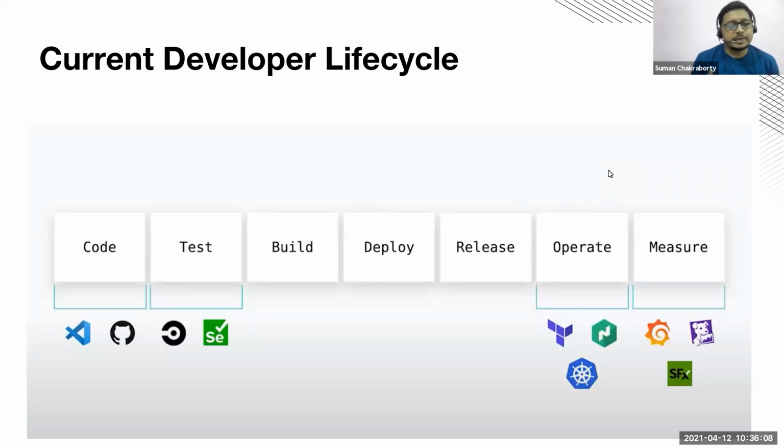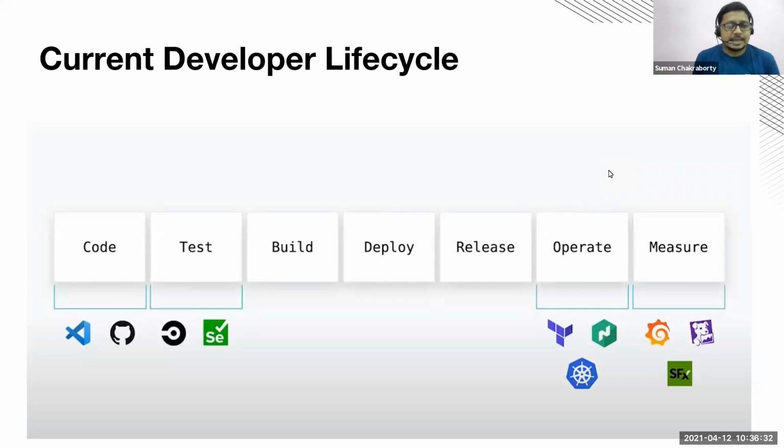From there it goes into testing, and from there to build, deploy, and release, and then finally it goes into the target platform, where the code has to be managed on any deployment platform. It can be anything, and then we have something called measure, which takes care of the observability, logging, and monitoring of these applications.